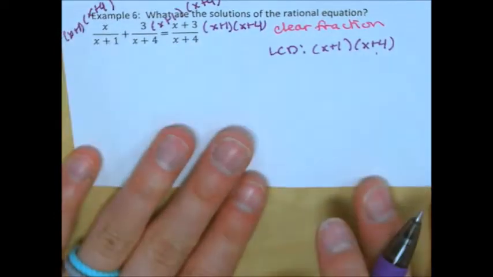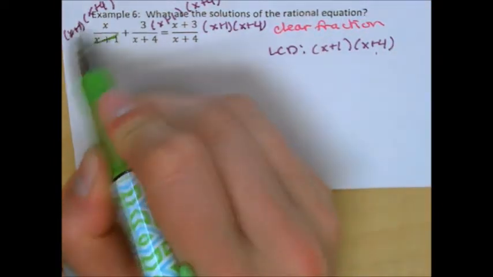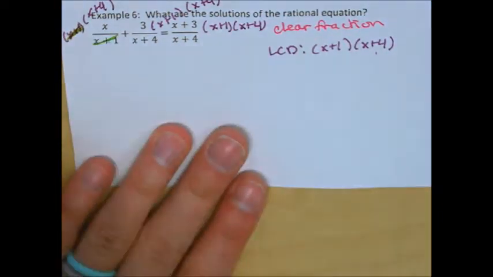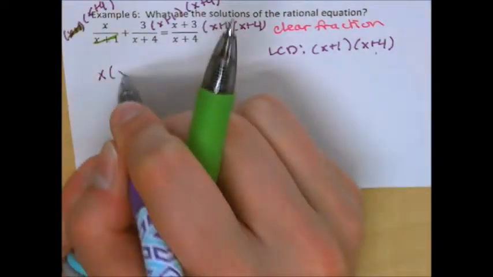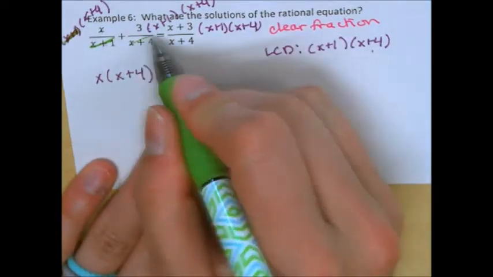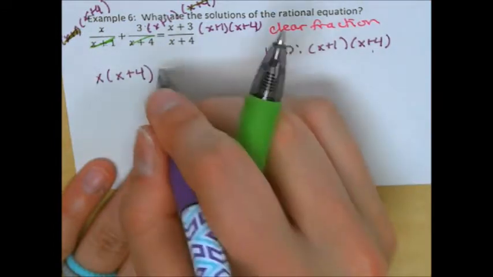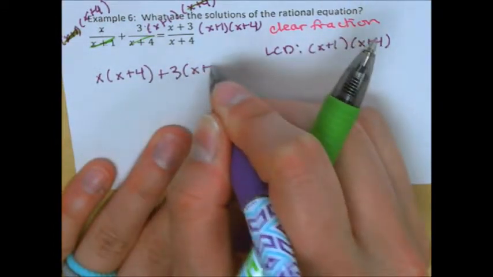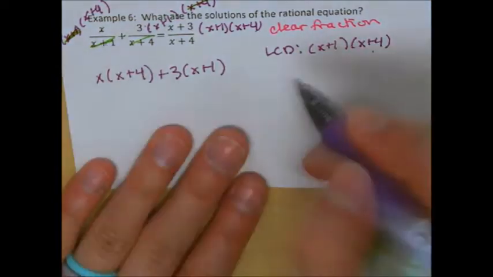All right. And so for this first fraction, the denominator and the x plus 1 cross out. So I'm left with x times x plus 4. Here my x plus 4's cross out. So I'm left with plus 3 times x plus 1.